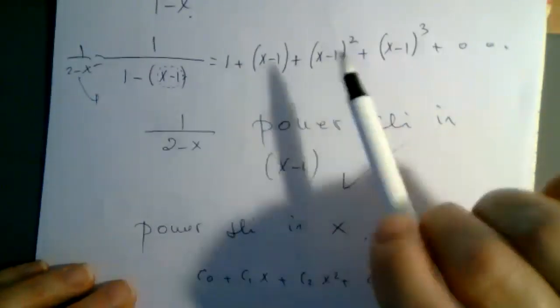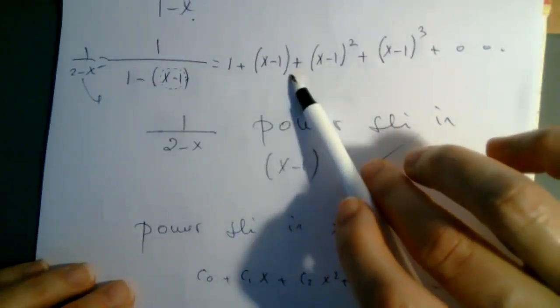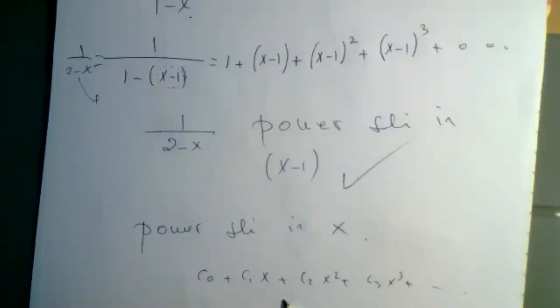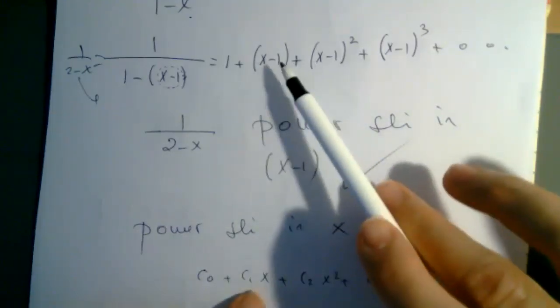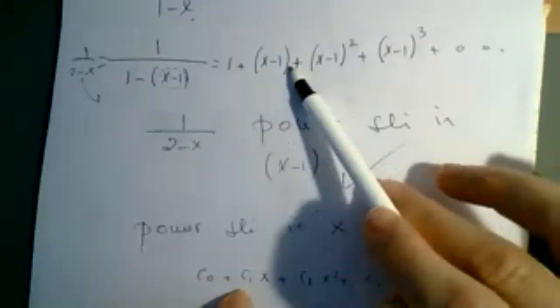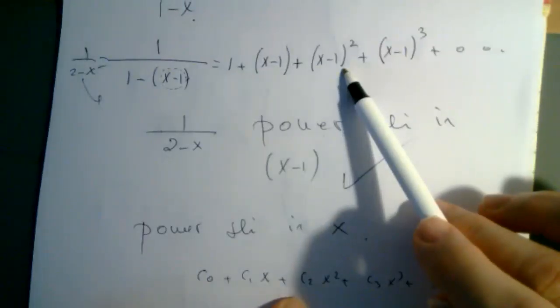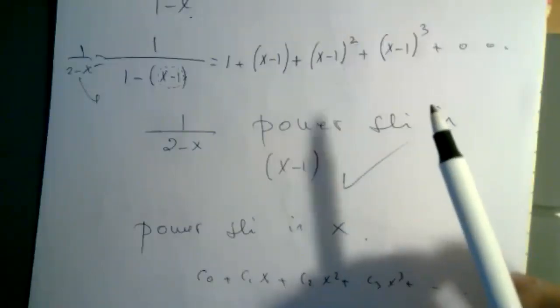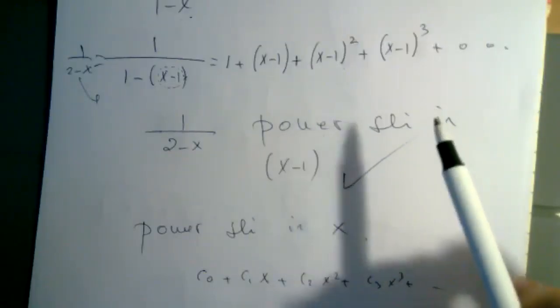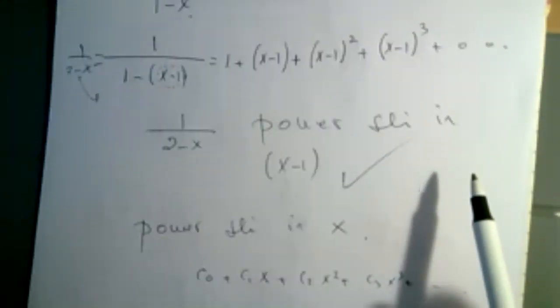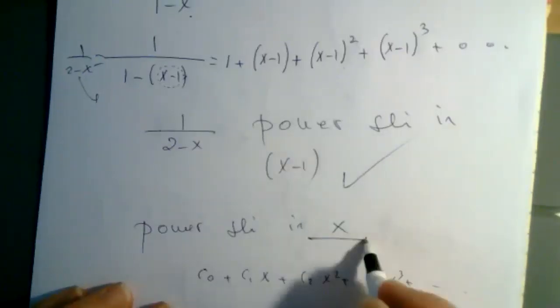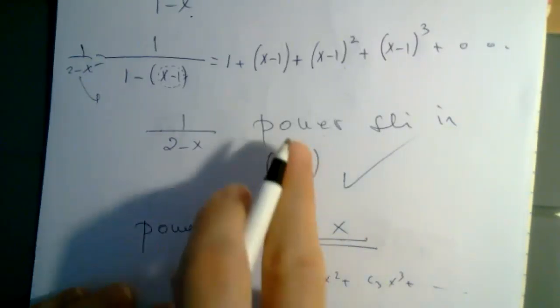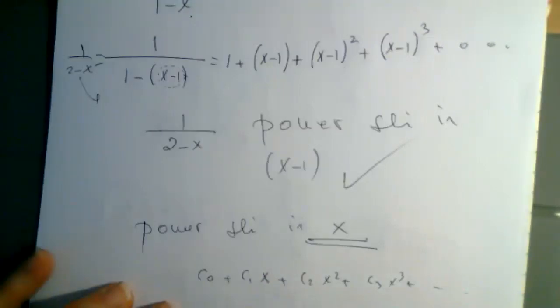In this scenario, Jordan's way of doing it will not allow me to write it this way because I don't know what the coefficient of x is. I don't know what the coefficient of x squared is. Things will become more complicated. So your classmate Jordan is correct if I ask you to find a power series in x minus 1. If I ask you to find a power series in x, then I cannot use this approach.